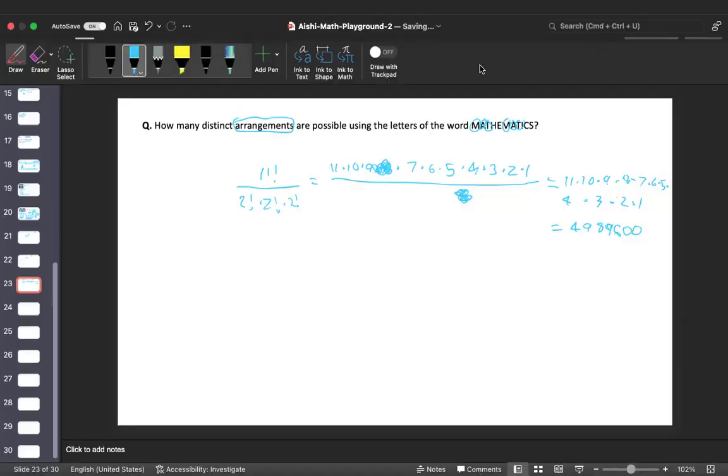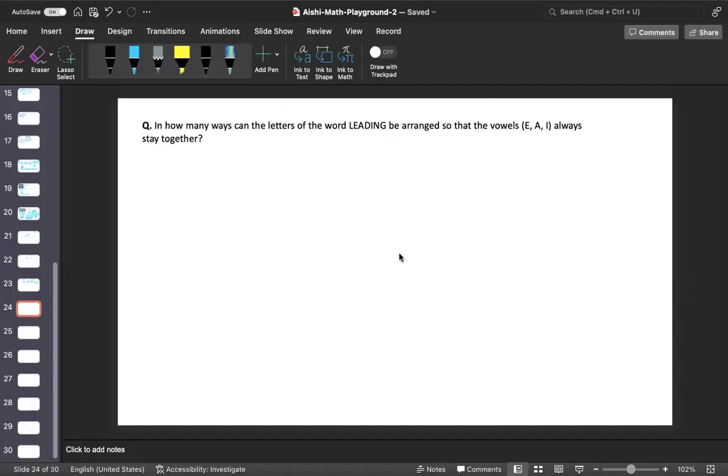Next question. In how many ways can the letters of the word leading be arranged so that the vowels E, A, and I always stay together? Okay, again, we have the word arranged, which means this must be permutations, right?